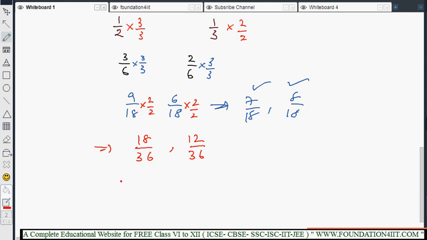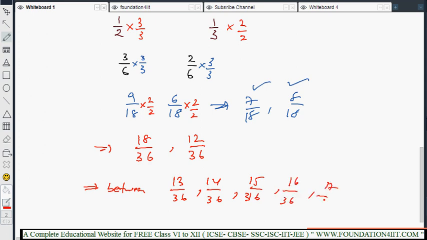Then in between we can write 13 by 36, 14 by 36, 15 by 36 and 16 by 36, even 17 by 36 also.